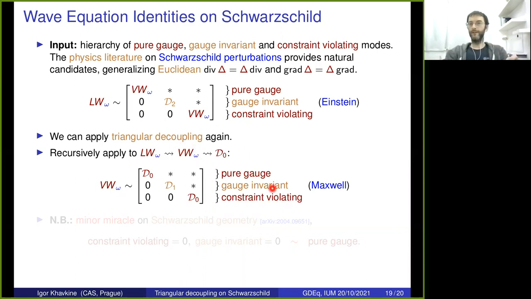And studying the vector wave equation independently, you can think of it as coming from a certain gauge fixing of Maxwell theory. You can again do this gauge invariant, pure gauge, constraint violating hierarchical mode separation, and then you discover that the gauge invariant degrees of freedom obey the spin 1 Regge-Wheeler equation, while the constraint violating and the pure gauge degrees of freedom obey the spin 0 Regge-Wheeler equation, which we already saw in the scalar wave equation case on the first slide.